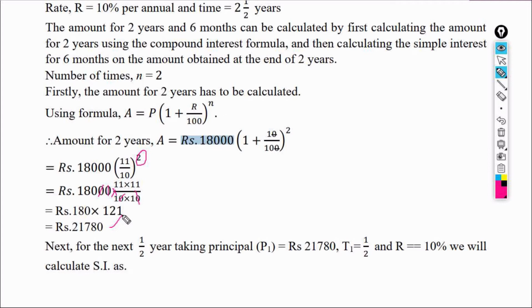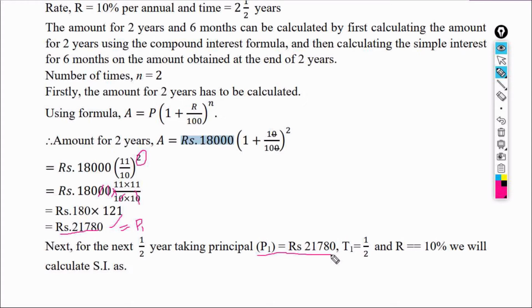Just I have told this is the amount after 2 years, and we have to take this amount as P. Let us take principal here as P1, different from this P. Then P1 equals rupees 21,780.